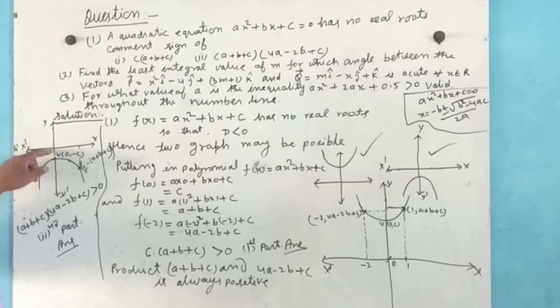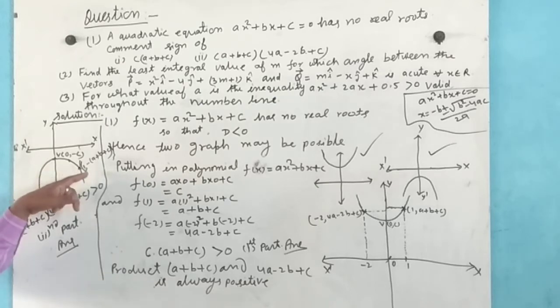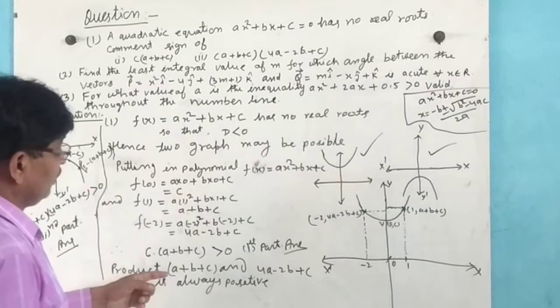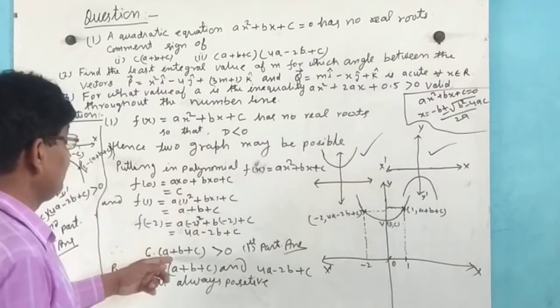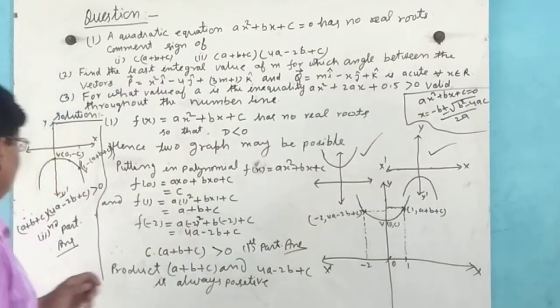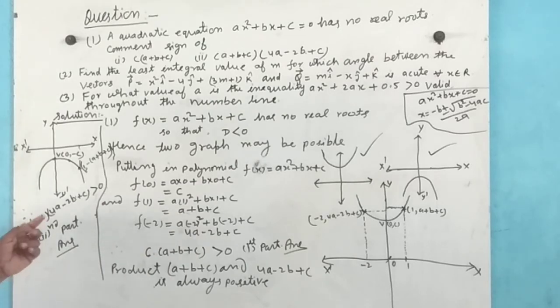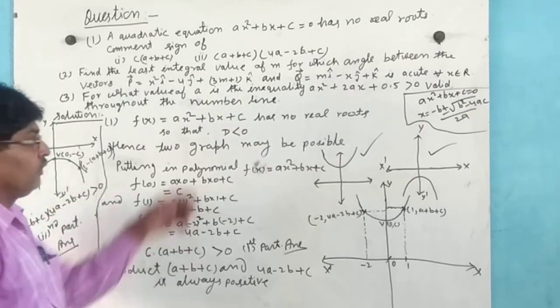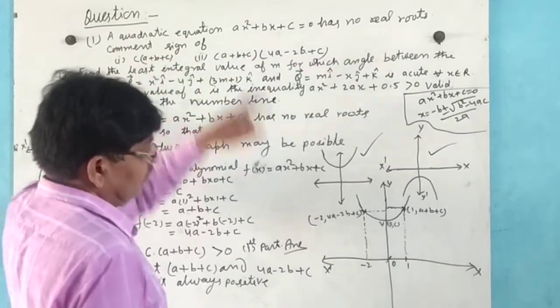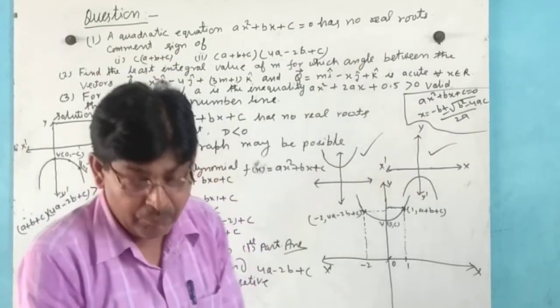If we put x = 0 in the polynomial, we get −c, and now we take the point 1, so that c(a + b + c) is greater than 0, and the product (a + b + c)(4a − 2b + c) is also greater than 0, and so on. Next.